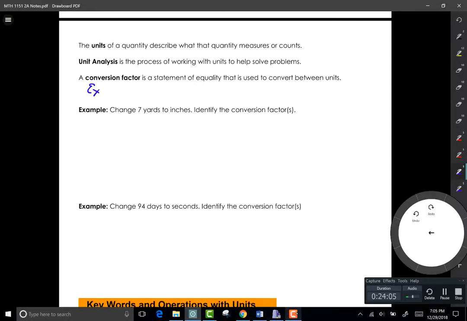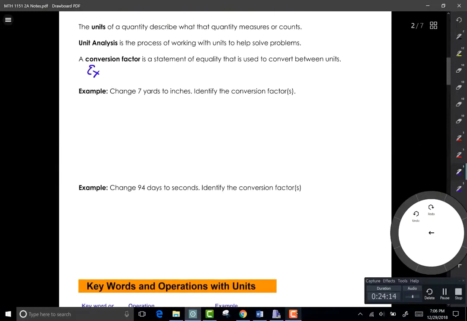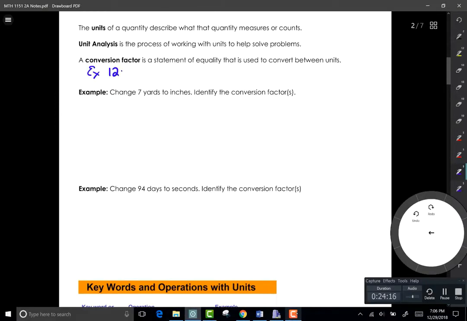So an example of a conversion factor that I can use to convert inches to feet or feet to inches is 12 inches over 1 foot, or I can use 1 foot over 12 inches.